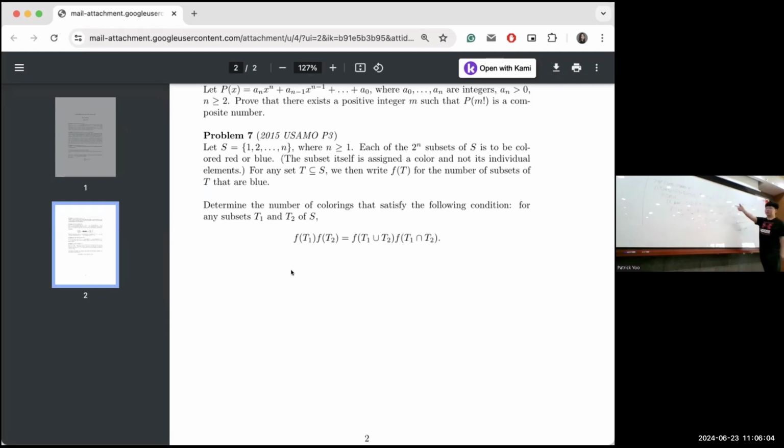And also we have to add plus 1 here actually, because there's another case where every element is just red, and that obviously satisfies this, because then all of these would be 0. So this is what we got for case 1, which is F(phi) equals 1.